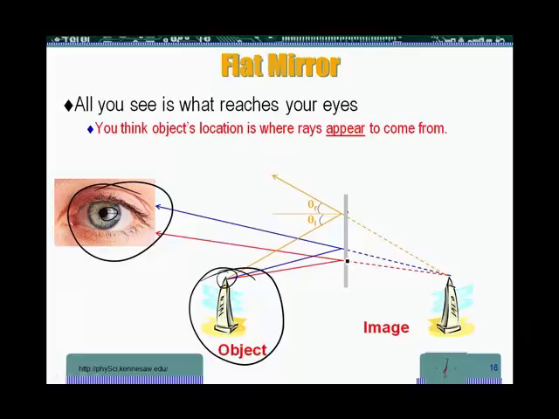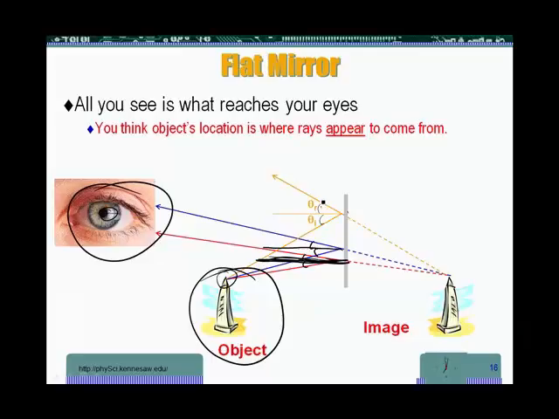Now, once it hits the mirror, the light is going to be reflected according to the law of reflection. I'm not sure I'm doing the drawing correctly, but the angles are the same. Same here, it should be perpendicular. Angle of incidence is equal to the angle of reflection. Like for this yellow one, angle of incidence is equal to the angle of reflection.